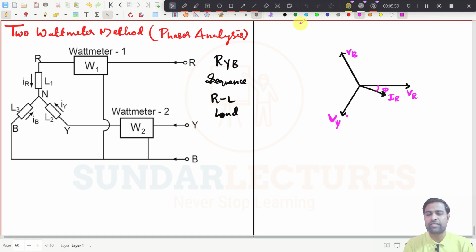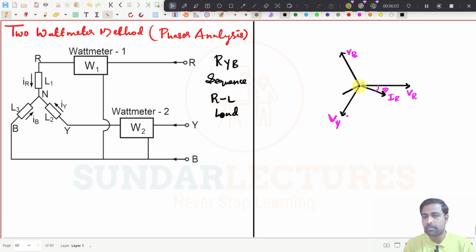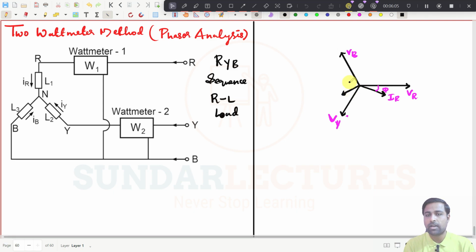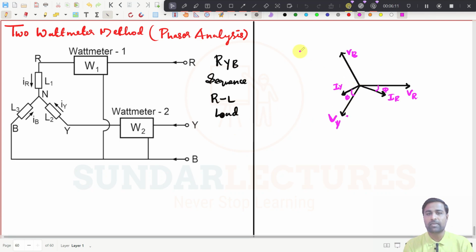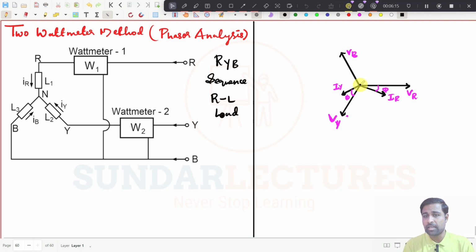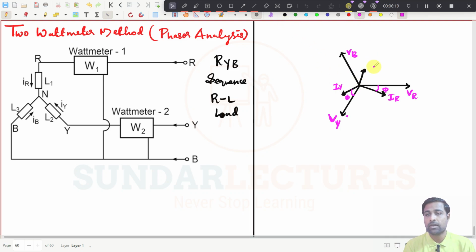You know these kind of things, right? And then IY, where it will come, maybe around here. This is IY, and this is phi. And also if you take IB, maybe this will be IB, and this angle is phi. Right, now this is the diagram. You know these kind of things because it is the RL load I am taking.